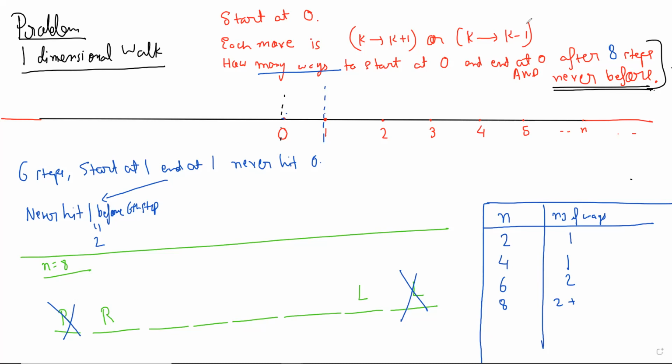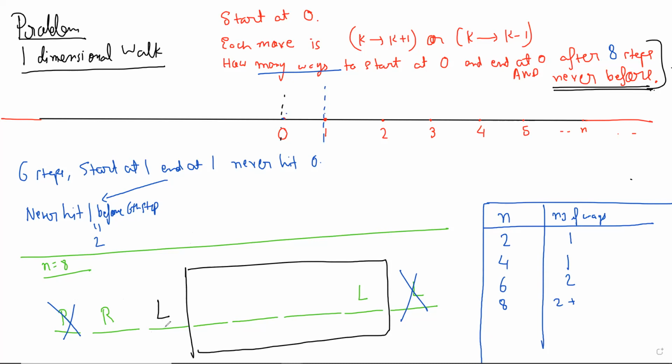The other, maybe the color. The other is when R and L never hit 1 before the 6th step. So they never become equal before the 6th step. But then what are the other things? The other things is they become equal somewhere in between. If R and L become equal here at this step, then again, this reduces to a smaller case. Right?